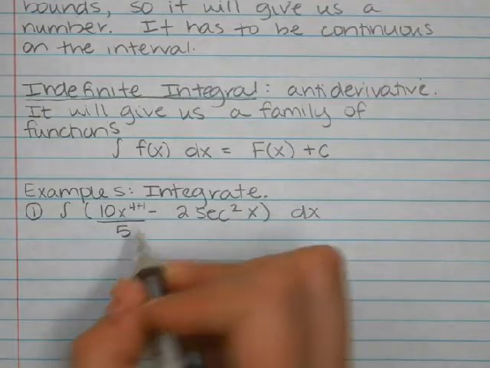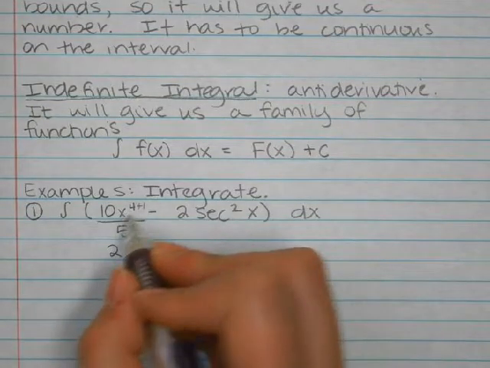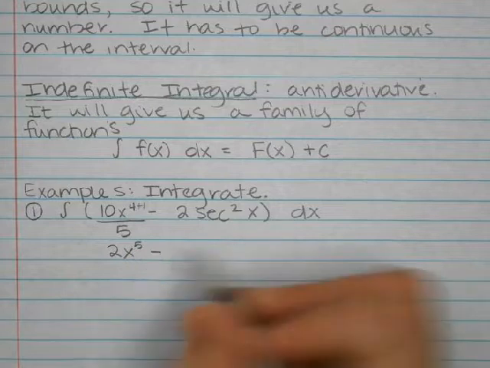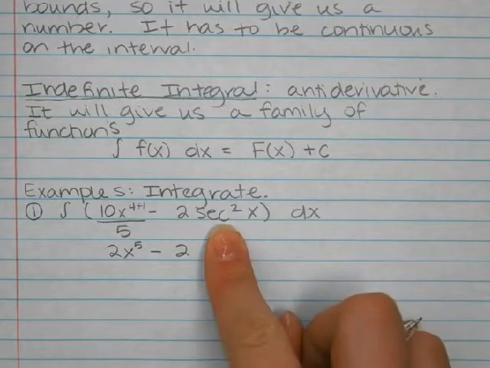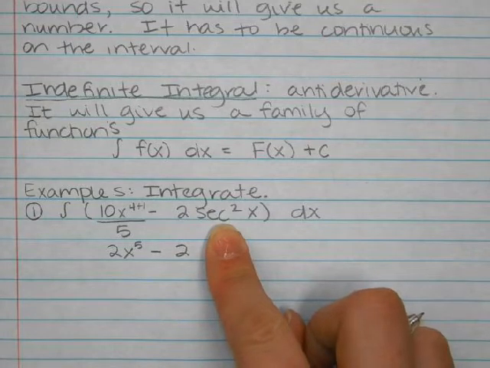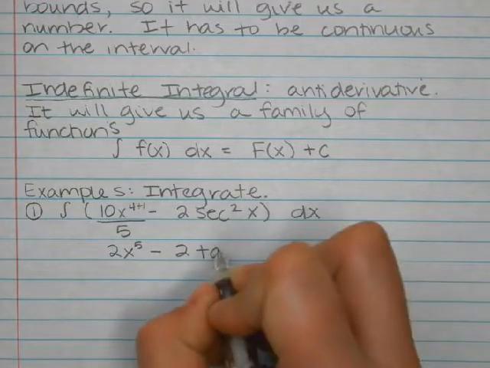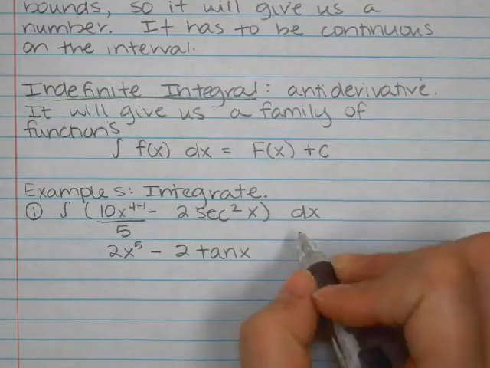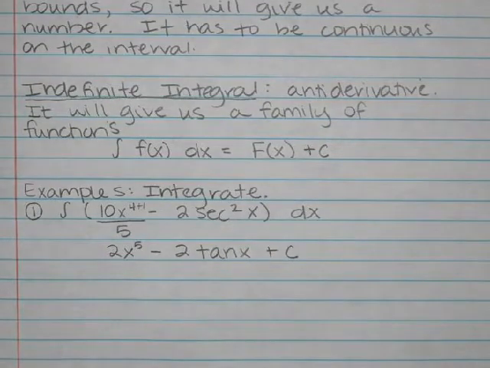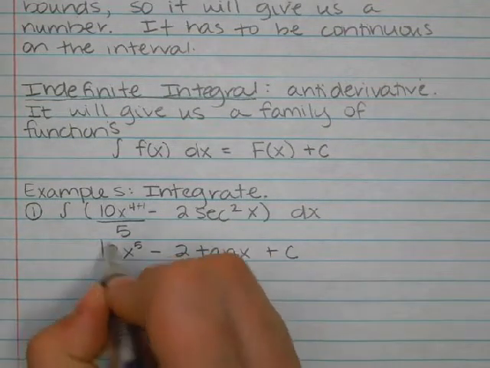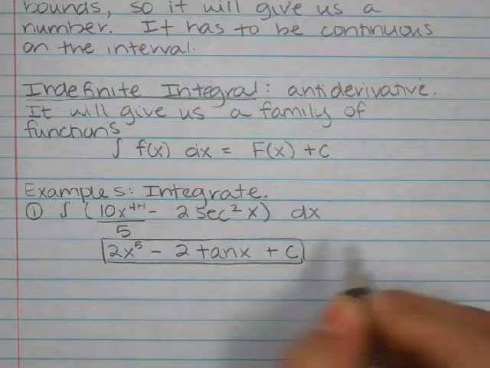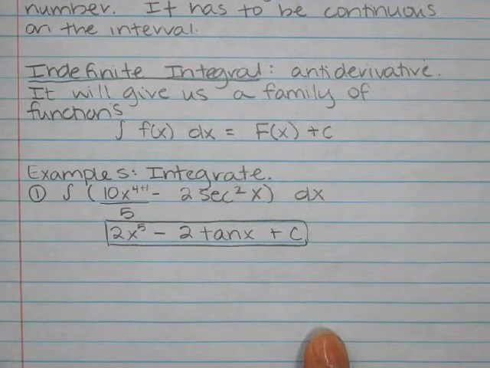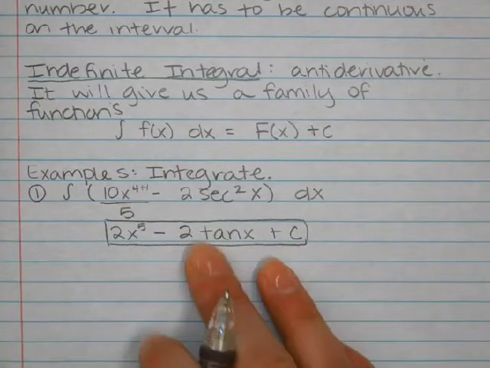So 10 divided by 5 is 2, and that was x to the 5th, minus, that coefficient is going to stay with us, and then the antiderivative of secant squared is tan. And then we have to include the plus c. So we would say that that would be the integral of the function, or that we took the antiderivative.